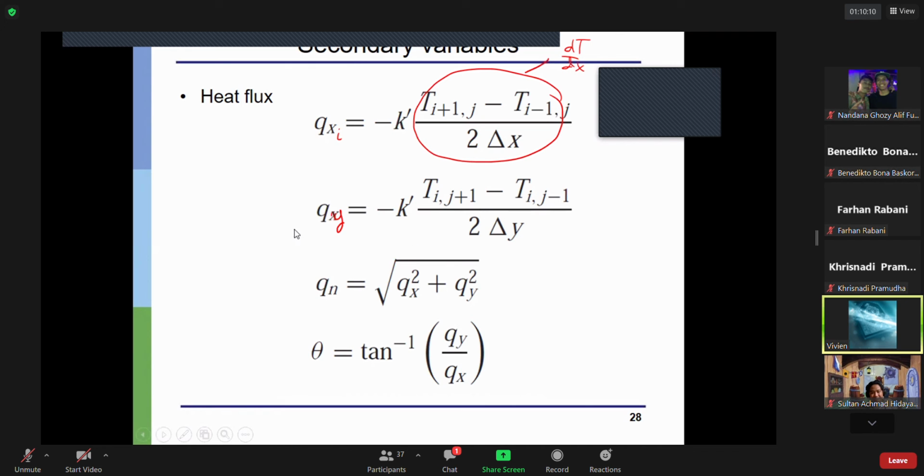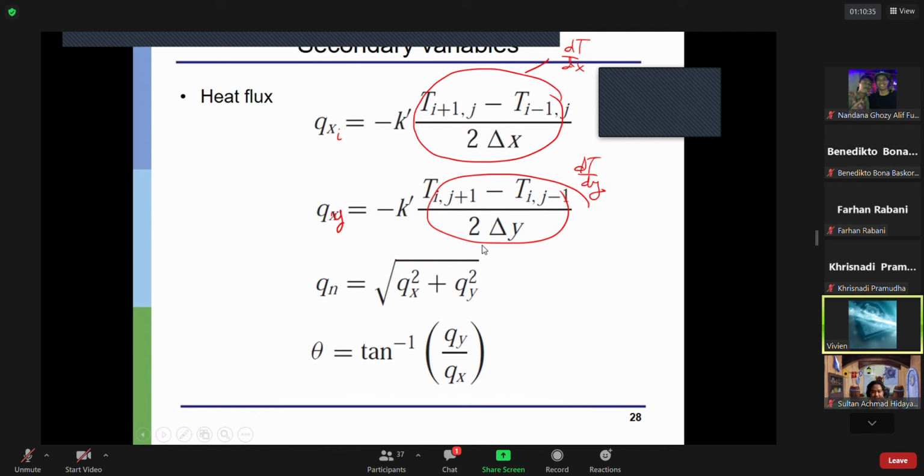Similarly, if we want to find the heat flux in y direction, we need to calculate the value of dT over dy. This dT/dy can also be approximated with the central difference, which is (Ti,j+1 minus Ti,j-1) divided by 2 times delta y.